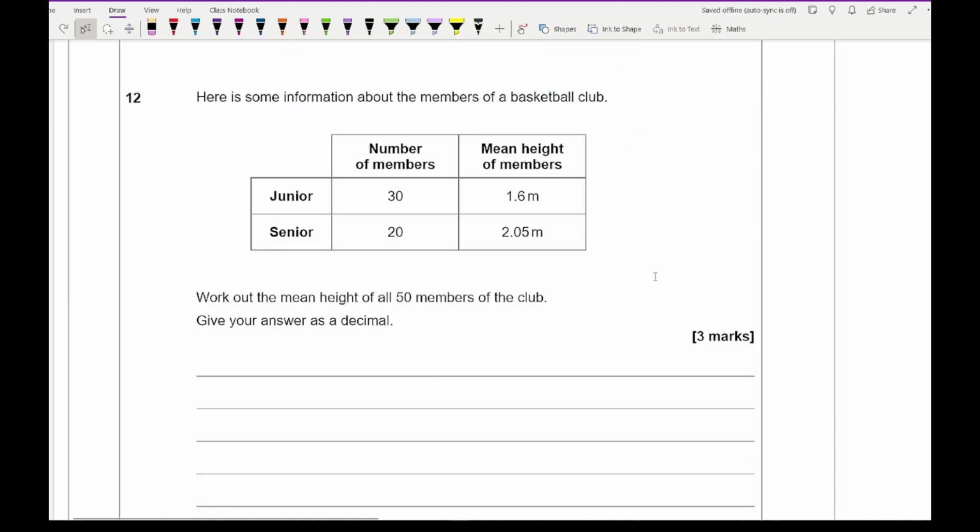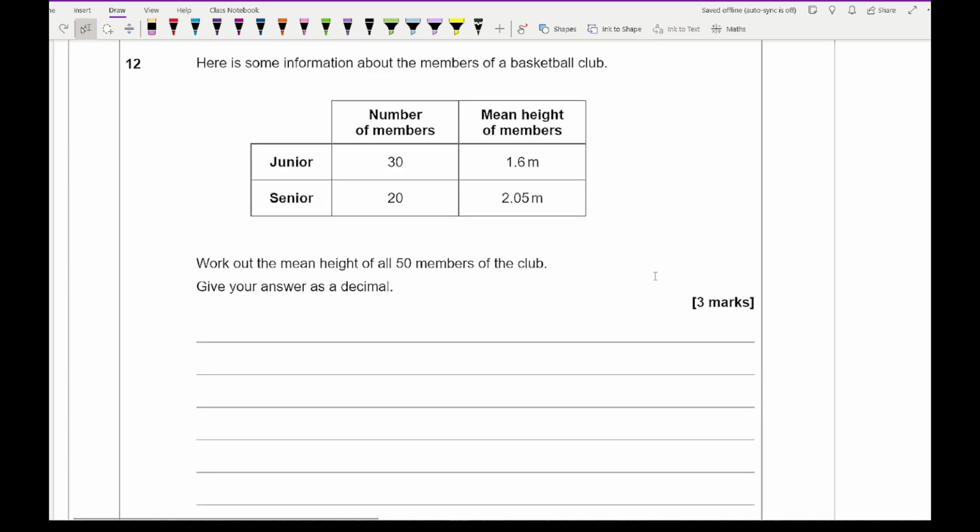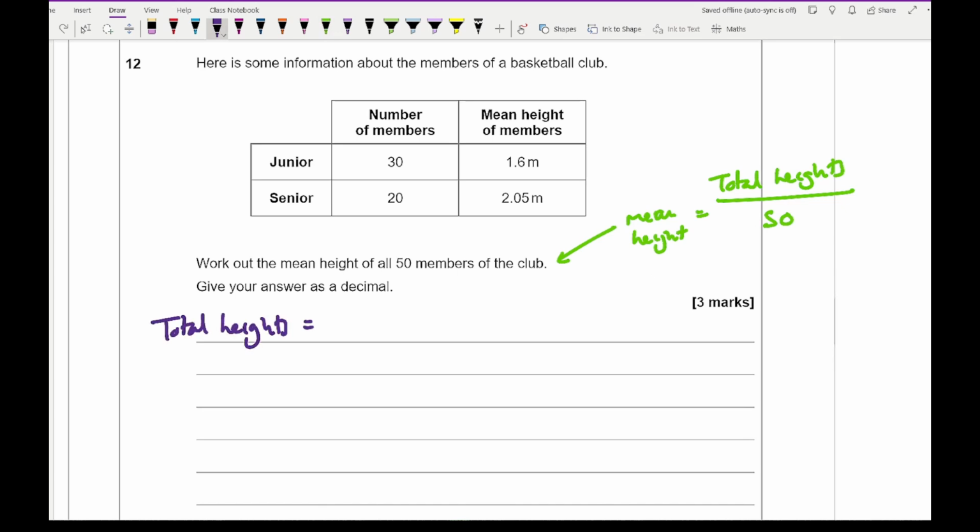Then moving on to question 12, it says, here is some information about members of a basketball club. Work out the mean height of all 50 members of the club. So for this, the mean height is going to be the total height divided by how many people we've got, which is 50. First, I need to work out the total height.